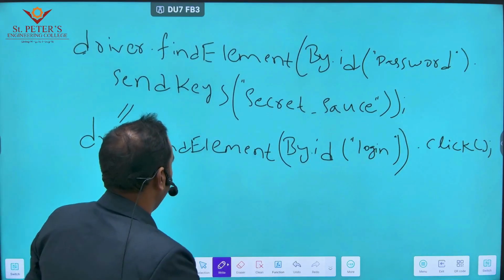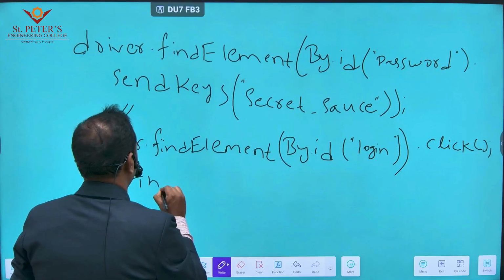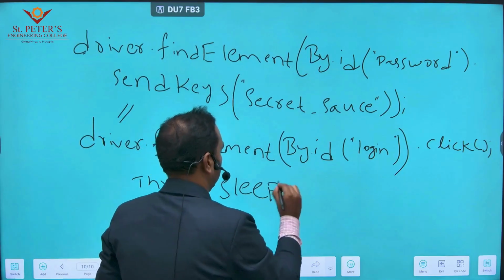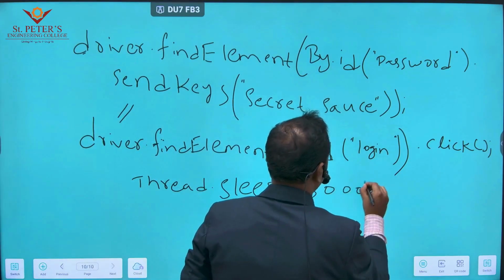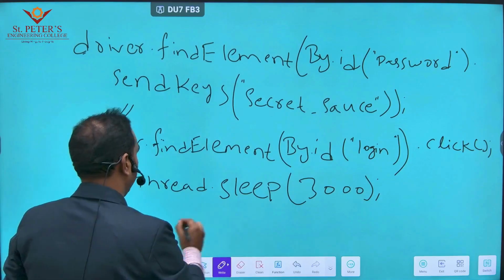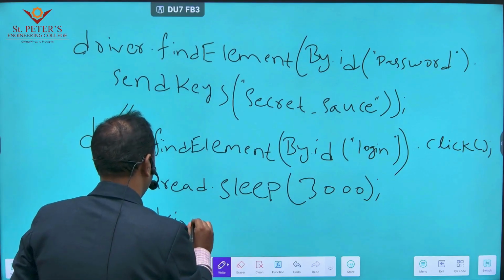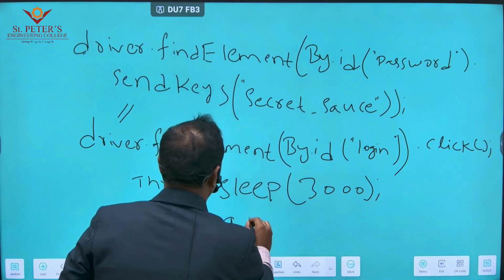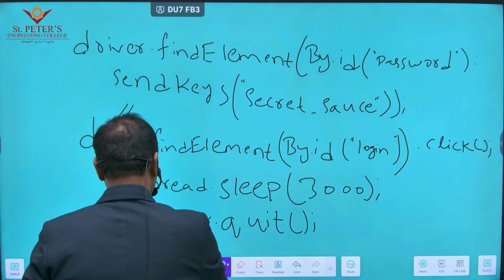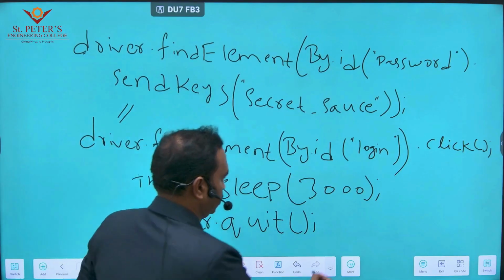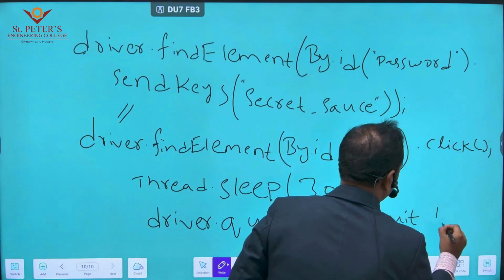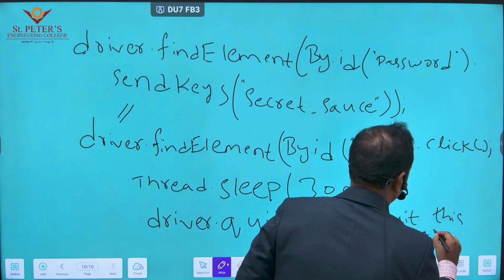Then thread dot sleep: if I give 3 seconds, it will wait. This is called the wait. So driver dot quit, which I'm just commenting, will quit this application.